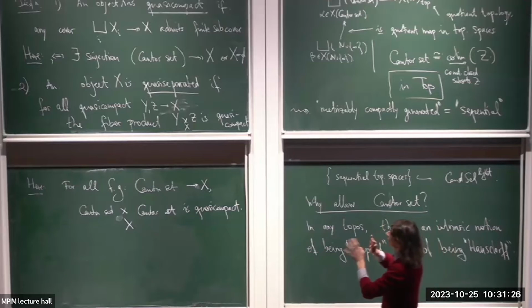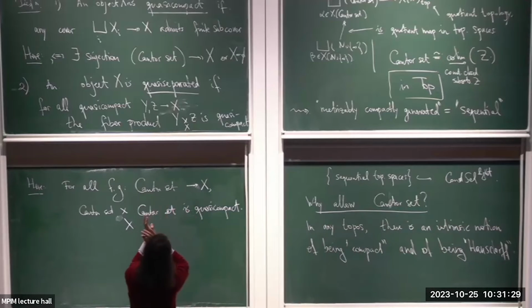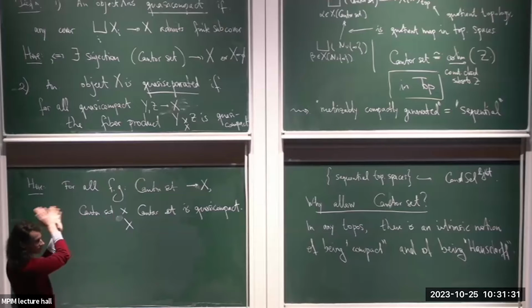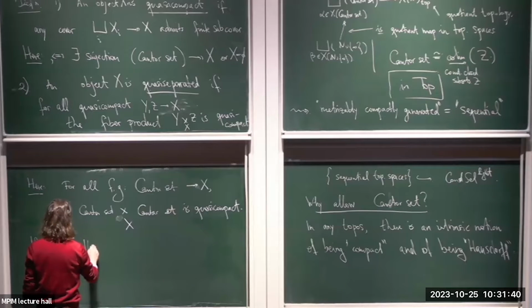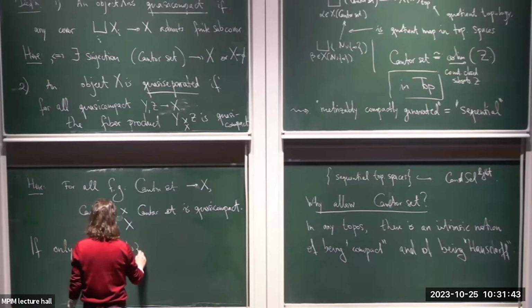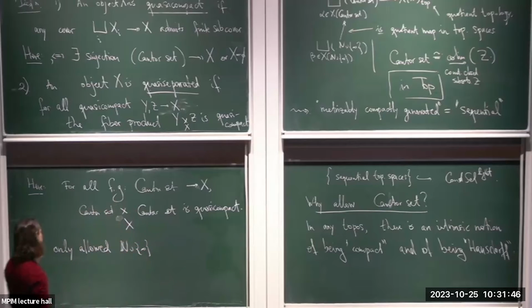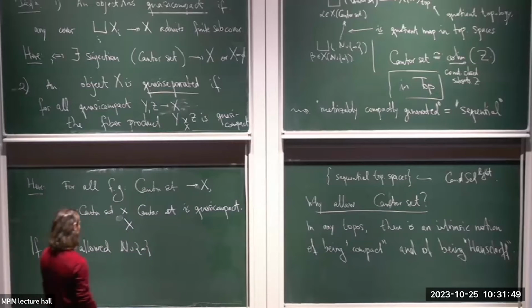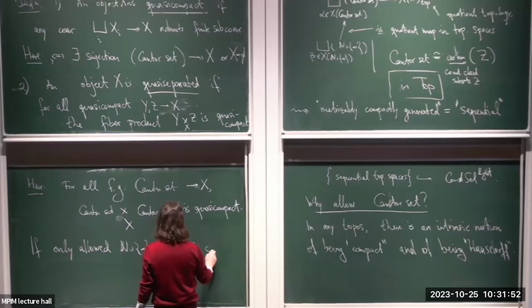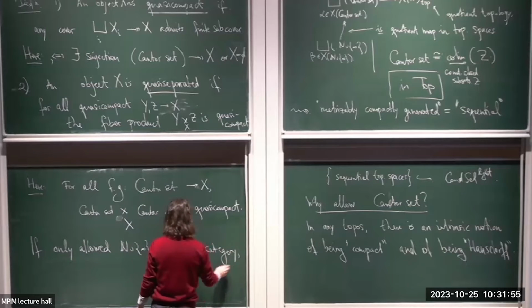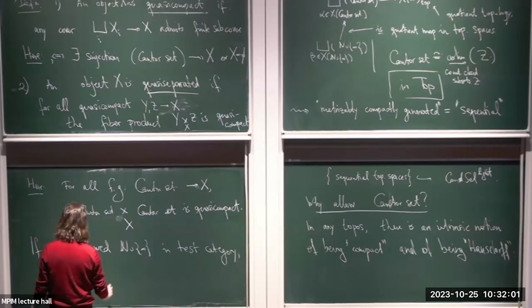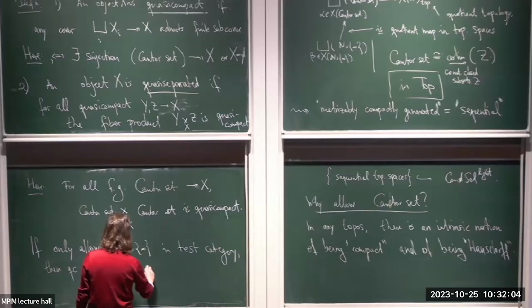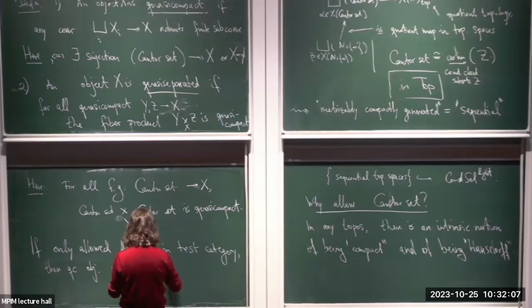At least if your topology is finitary, the quasi-compact objects are exactly those onto which a finite union of the generating objects projects. So if we only allowed, for example, the convergent sequence as our basic object in the test category, the quasi-compact objects would all be quotients of this object, or at least be countable.